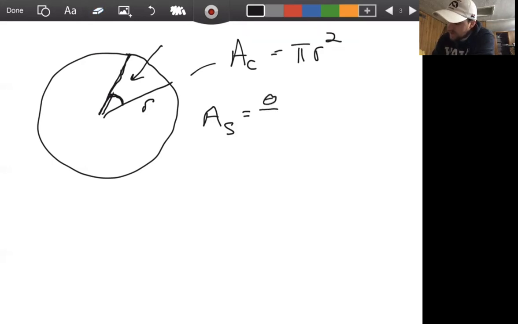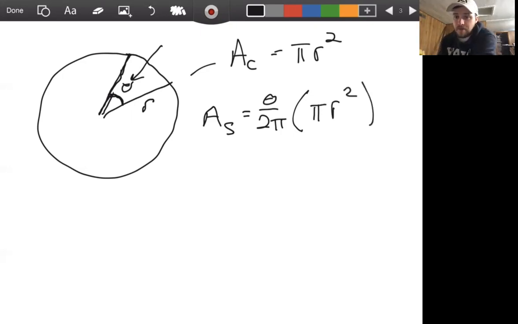Our theta is a fraction of the entire circle, right? The entire circle's angle is 2 pi, right? And we want this theta, which is just a fraction of that 2 pi, right? And so we want to take this and multiply it by the area of the total circle.